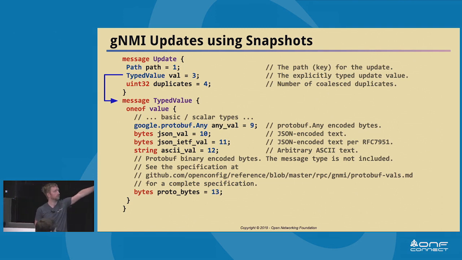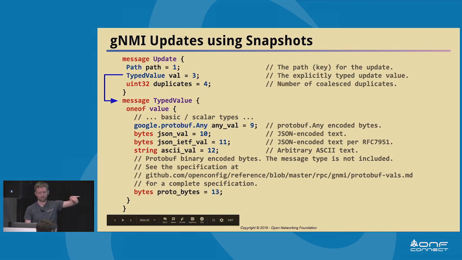So taking a look at the update definition, path is going to be a path representation that encodes the tree or the leaf value or subtree value in YANG. And the typed value for snapshots is either going to be a protobuf any, a JSON value, or arbitrary ASCII text. This is where you could hack in your XML if you wanted to.